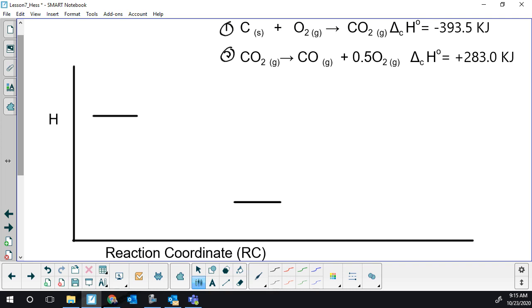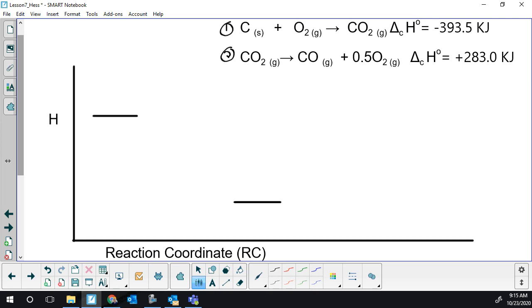I'm going to put the first equation here, and then keep going with the reaction, and flow right into the second one. And we'll kind of get a visual of Hess's law.